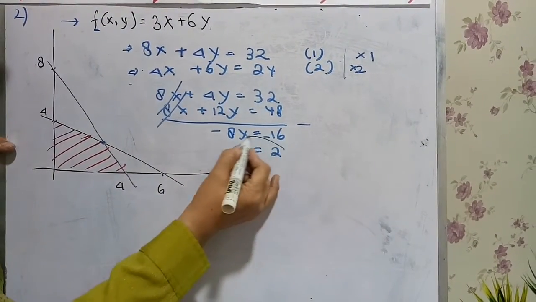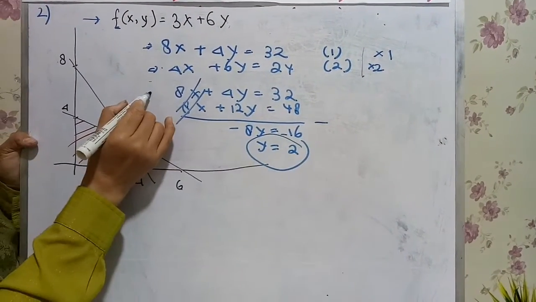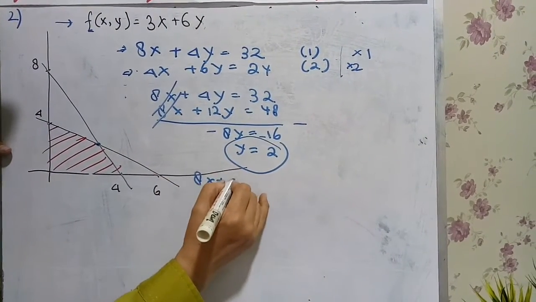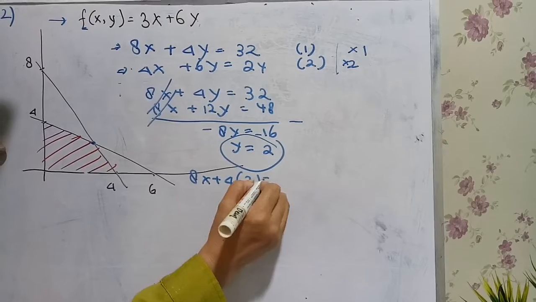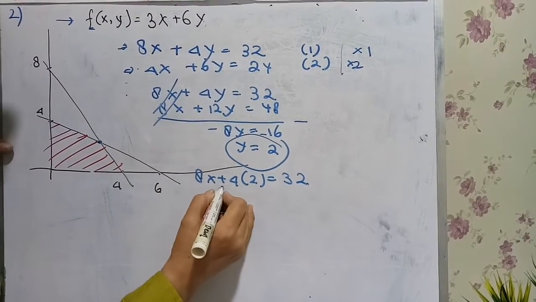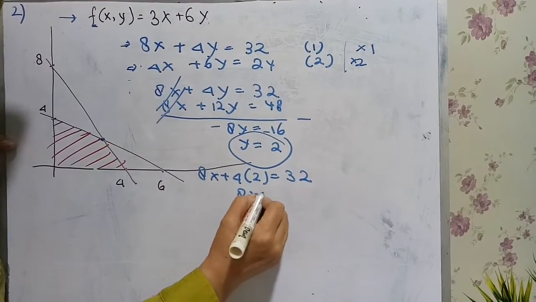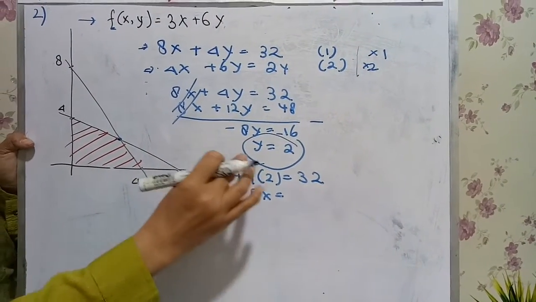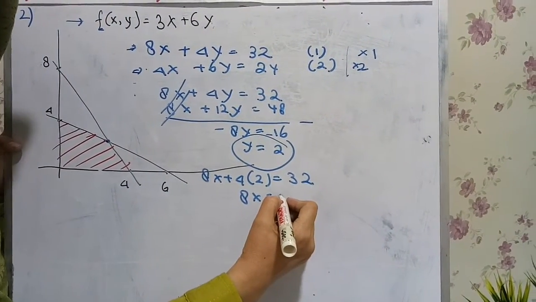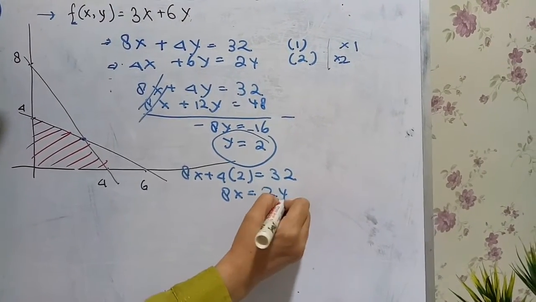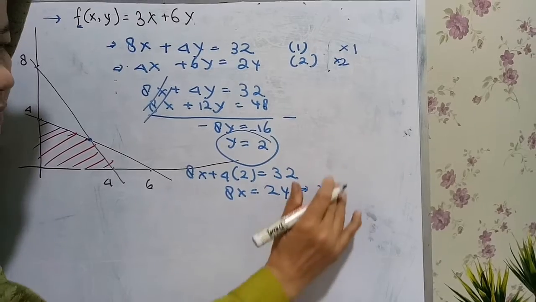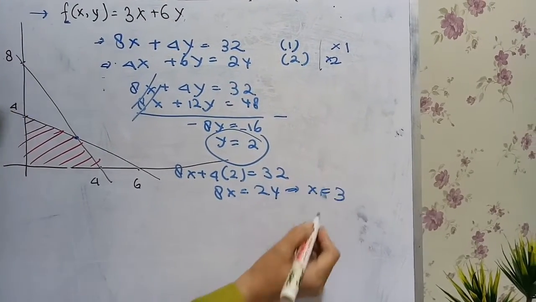We put this y equal to 2 into the first equation. 8x plus 4 times 2 equal to 32, and 8x equal to 32 minus 8, which is 24, and then x becomes 3.